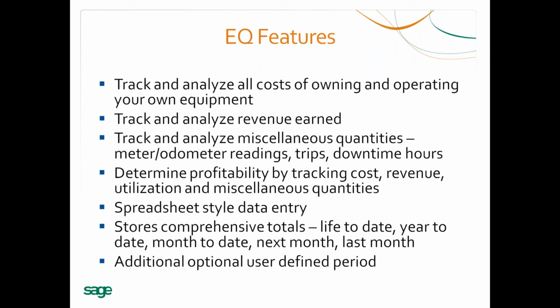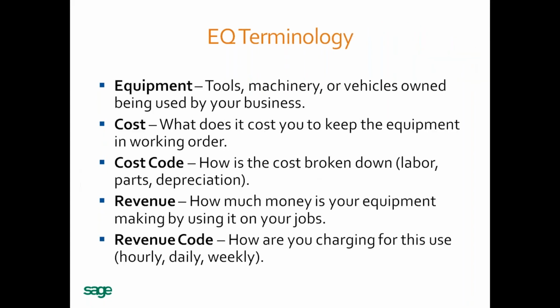So these could be things like meter readings or trips or PUC mileage, even downtime hours. Anything, again, that you need to track that doesn't fit into that cost or revenue category. And then again, this is going to determine how profitable that piece of equipment is to your company. So by the use of reports and inquiries, we're going to be able to get that information.